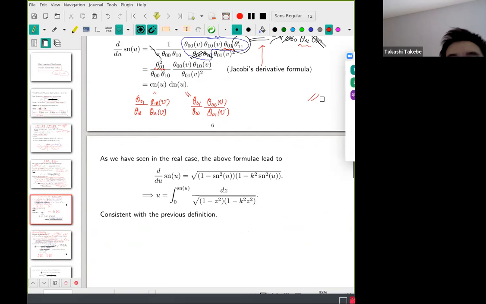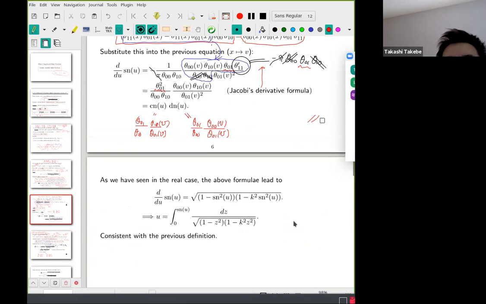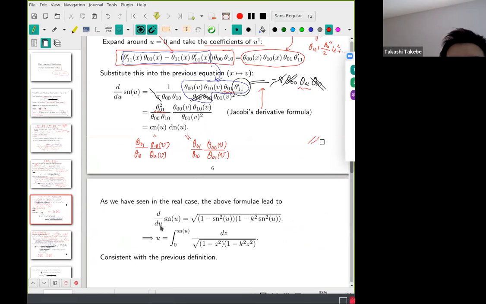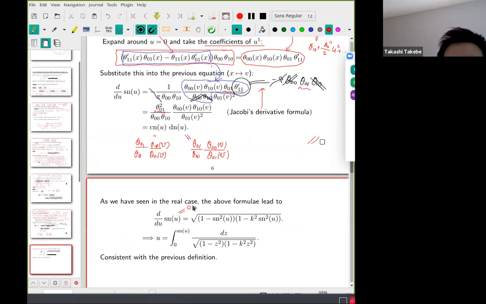So what we proved is that the derivative of Sn is equal to the product of Cn times Tn.